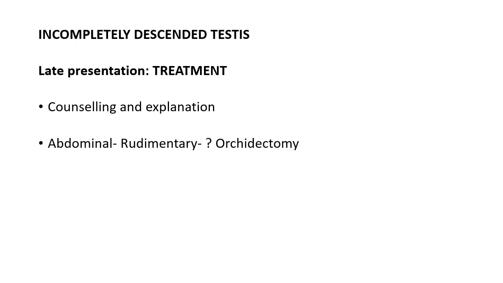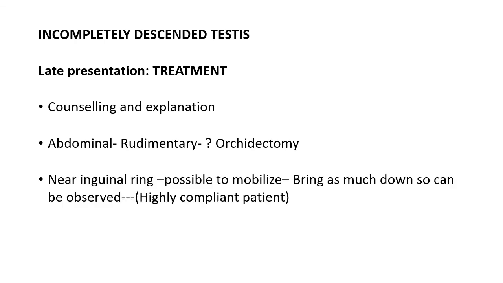If the testis is unilateral, if it is rudimentary, if there is no use, and if it is at a higher level, in that case you don't have a choice and you straight go ahead with the orchidectomy. If it is near the inguinal ring with a possibility of mobilizing, then it can be brought down to a level where you can watch it.